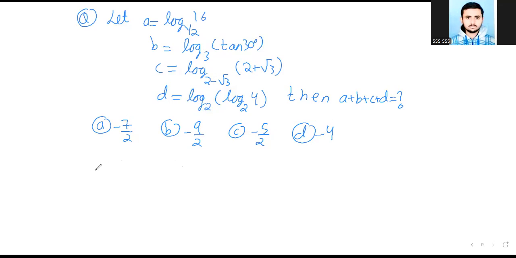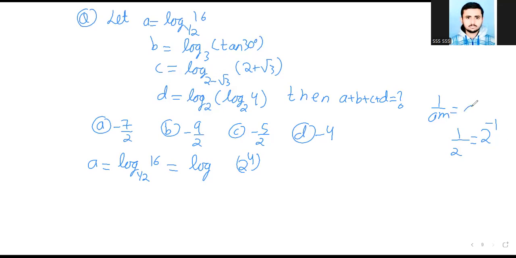Let's start. First of all, a is equal to log of 16 base 1 by 2. So log of 16 can be written as 2 raised to the power 4. But 1 by 2 can be written as 2 raised to the power minus 1. This is because 1 by a raised to the power m becomes a raised to the power minus m. So we get 2 raised to the power minus 1.